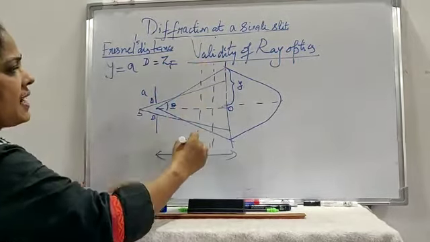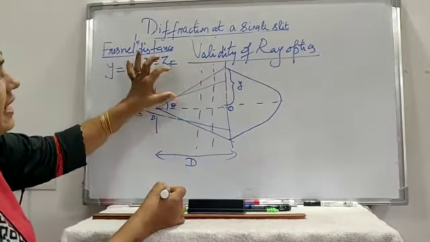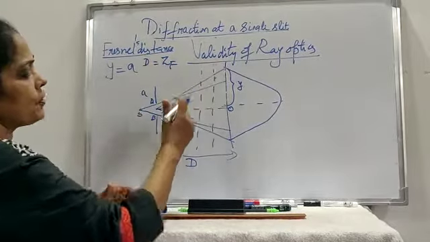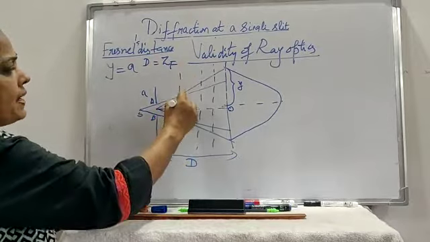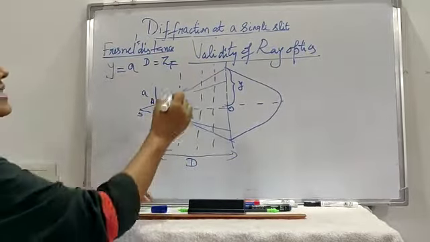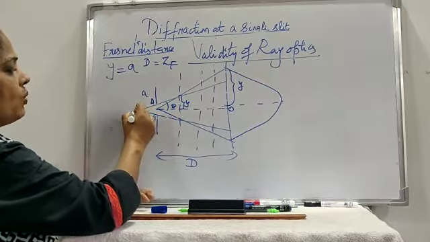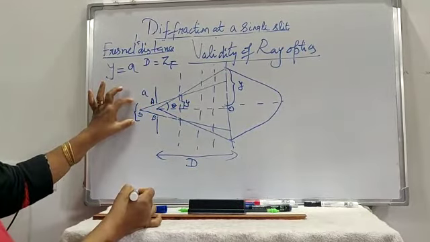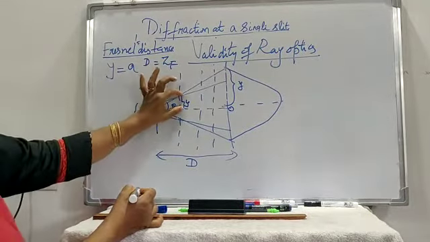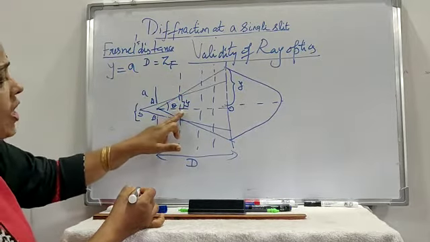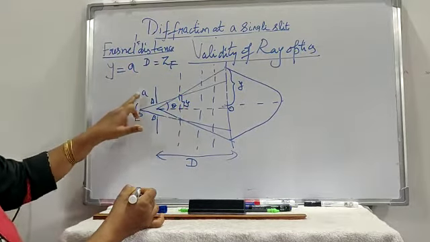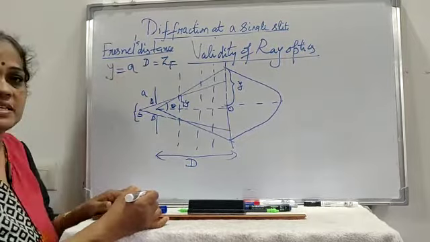When I keep the screen over here, y decreases still more. Like that you go on pushing the screen. At one particular distance, this y will be equal to the slit, the width of the aperture. So the distance at which y equals a is called Fresnel's distance.